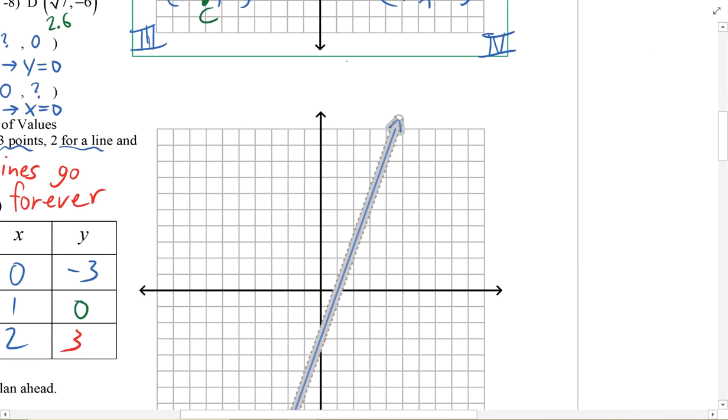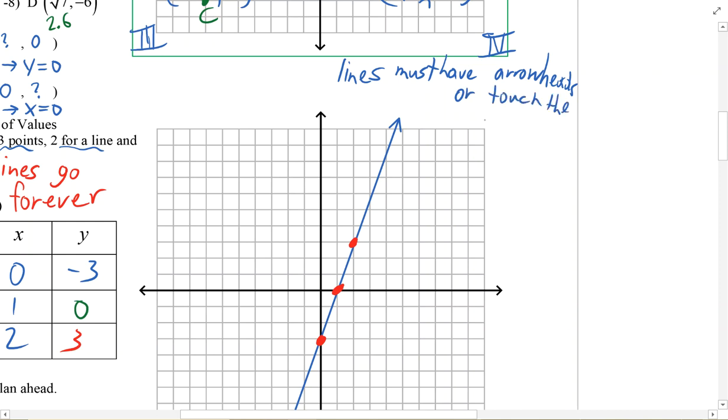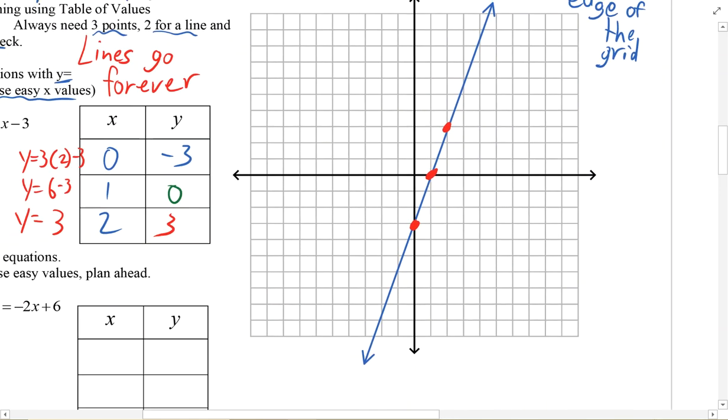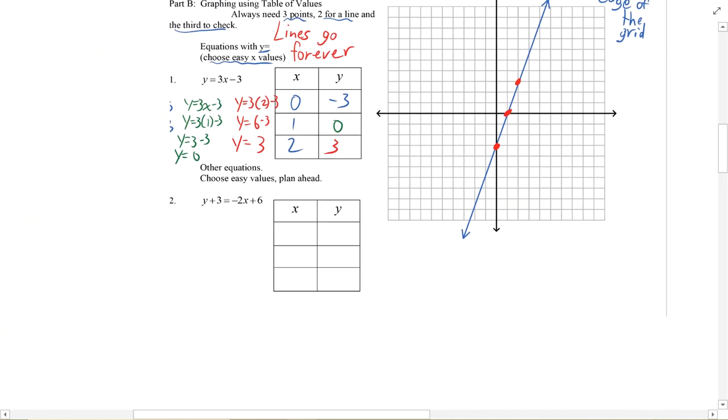So our lines must have arrowheads, or touch the edge of the grid. Okay, and which one would I do? I touch the edge of the grid. Make long lines. So let's practice this one again.